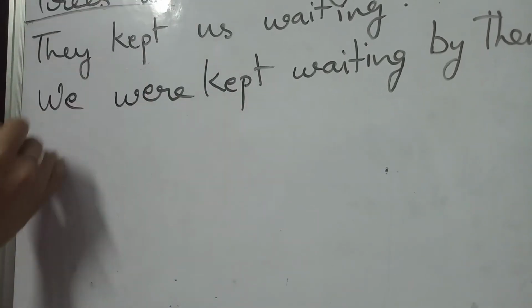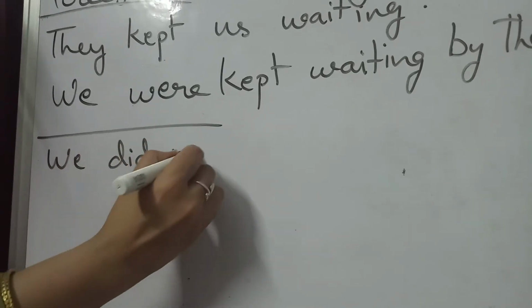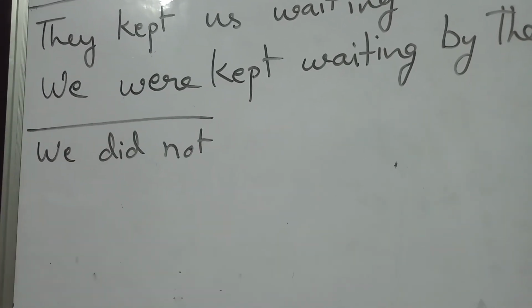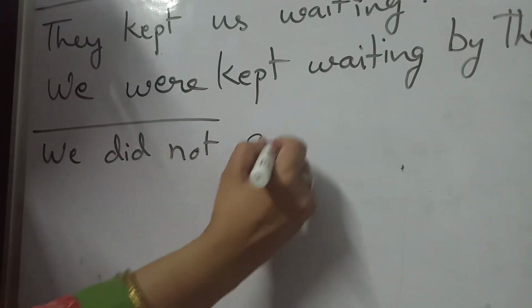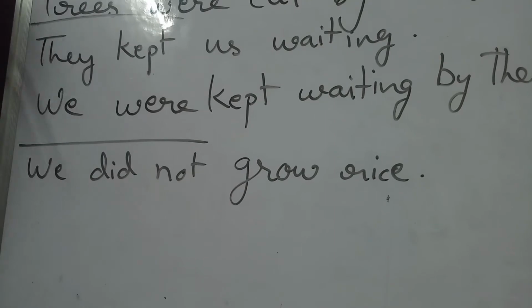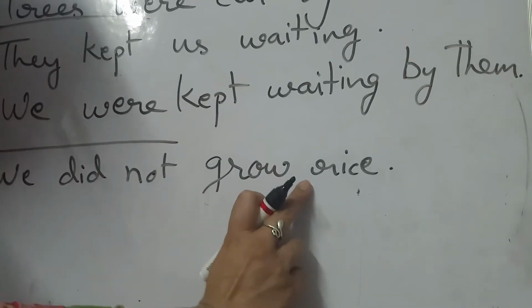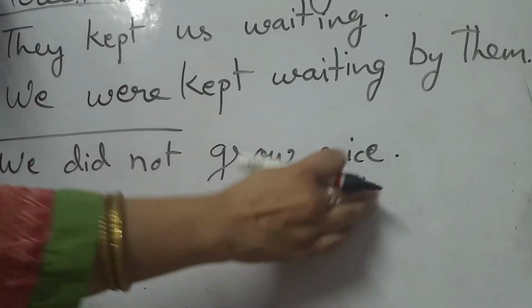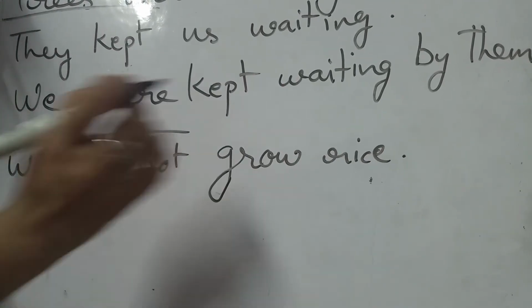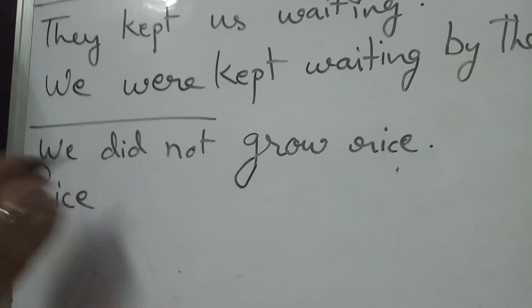Next sentence: we did not grow rice. One negative sentence is mandatory. Now again, subject, verb, object. This whole thing is the verb. Now rice, crisscross, the second rule.